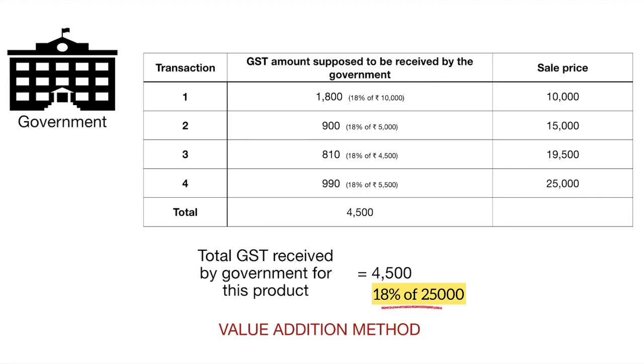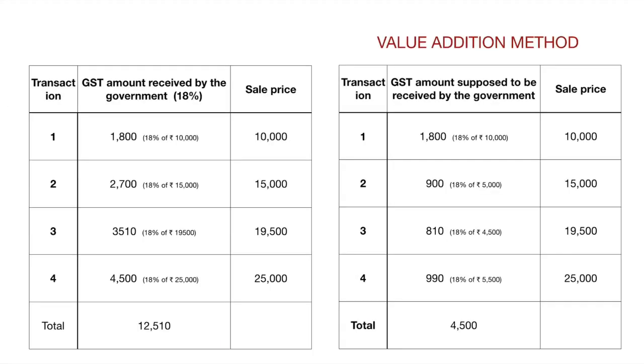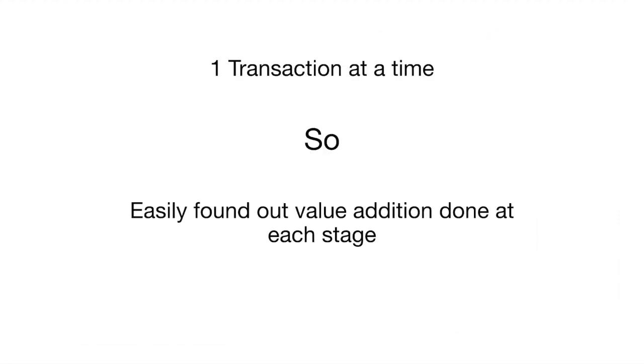Take a look at the two tables. By studying these two examples, we saw how double taxation is avoided by using the value addition method. But in these examples we saw one transaction at a time, and so we could easily find out the value addition done at each stage individually by having the sale price and cost price of the goods separately.